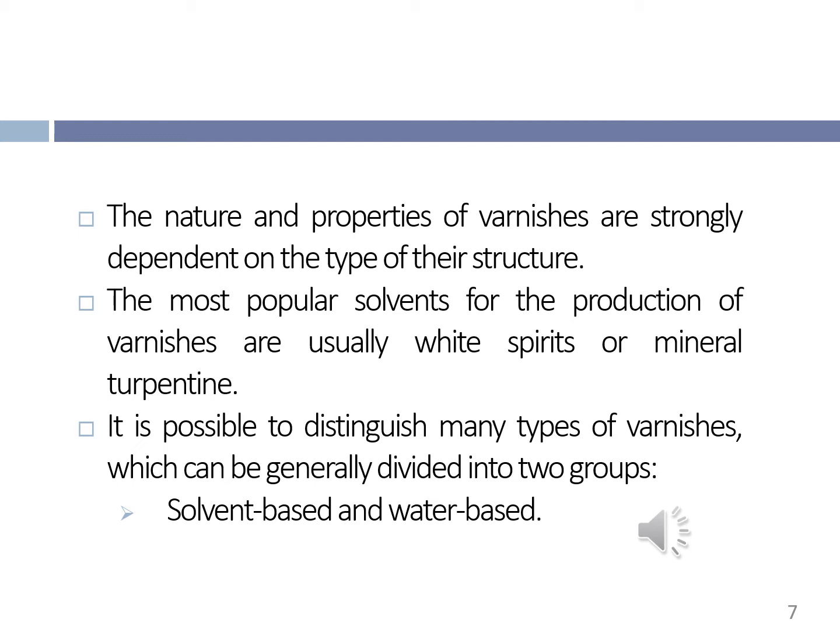The most popular solvents which are used widely for the production of varnishes are white spirits or mineral terpenates. So mineral terpenates or white spirits have a major role in the production of varnishes.